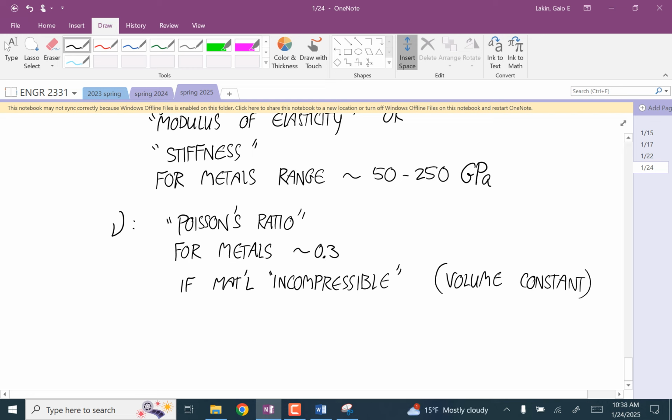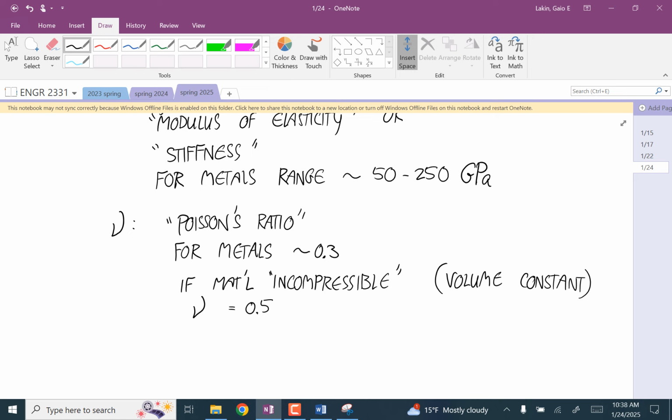Then Poisson's ratio is equal to 0.5. A Poisson's ratio of 0 means that there's no effect. You stretch it, you compress it, there's no effect on the perpendicular directions.